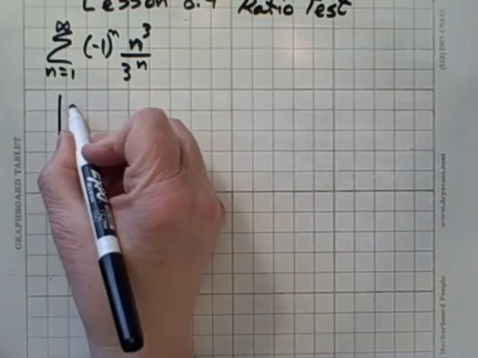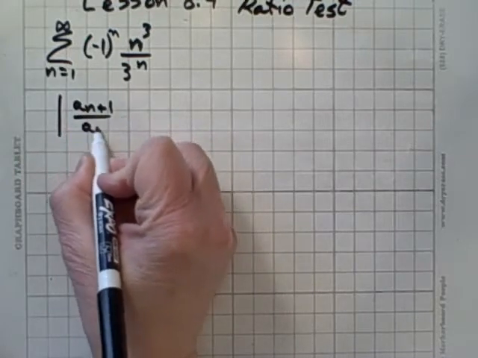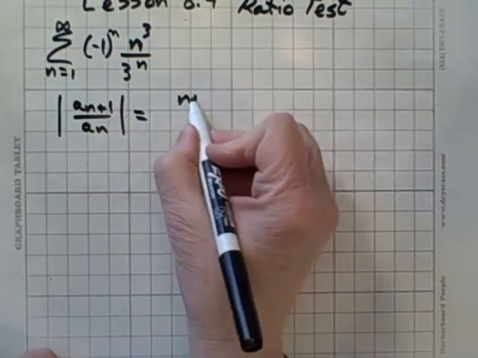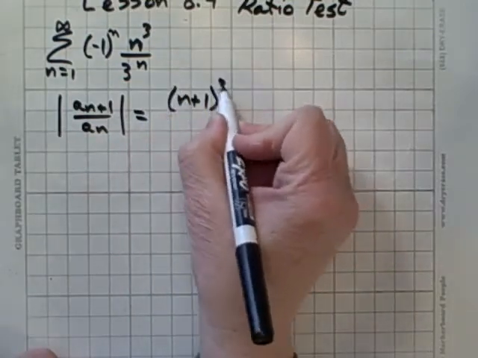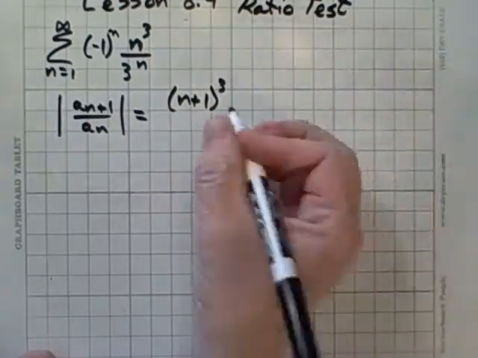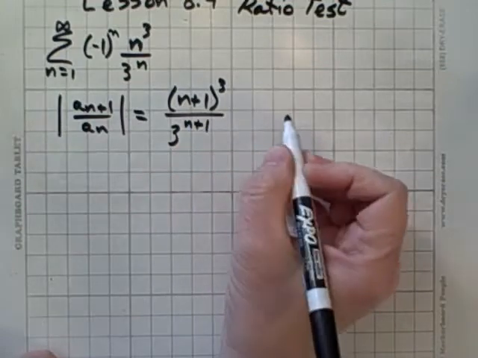Since we're taking absolute value, we might as well ignore the alternating sign to begin with. So the absolute value of the n plus 1 term divided by the nth term would be n plus 1 cubed, again replacing n with n plus 1, divided by 3 to the n plus 1.